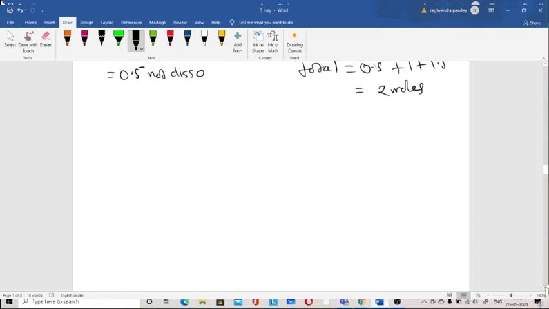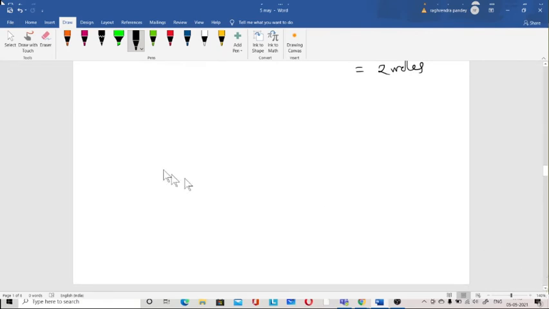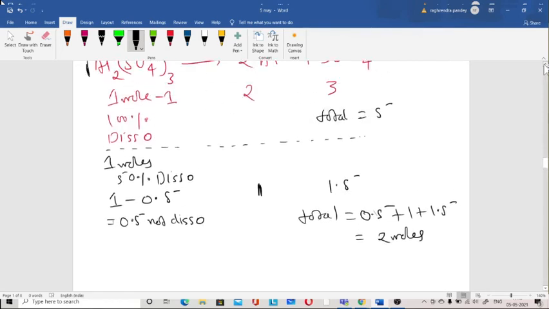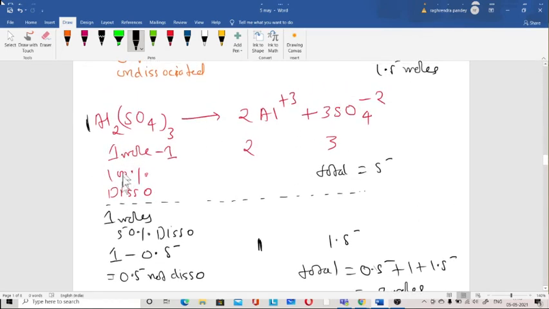Now I am giving you a question for practice. In case we had 4 moles, but then you have to give the percentage dissociation also. Suppose you are taking 4 moles, and then you have to say whether it is 100%, 50%, 60%, 90%, whatever.